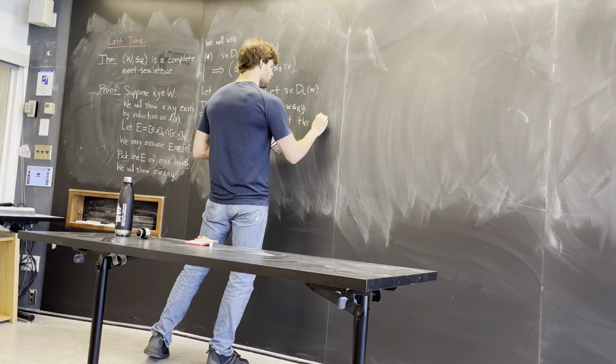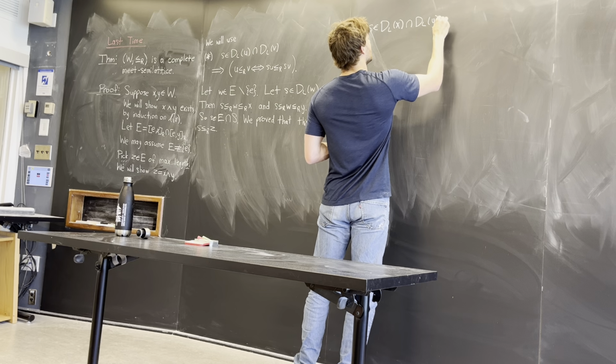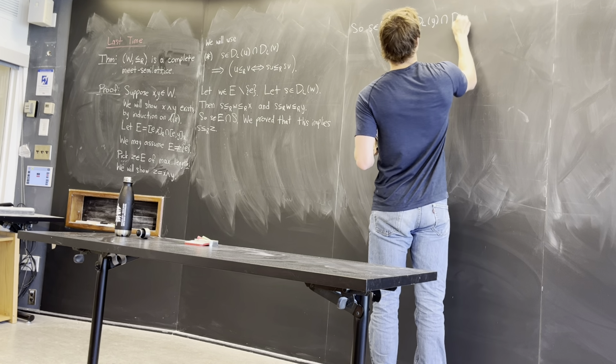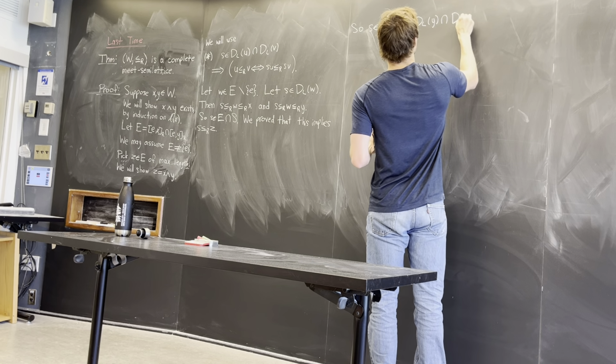So s is a left descent of x because of this. It's also a left descent of y, similarly. It's also a left descent of w because that's how we chose it. And it's also a left descent of z because of this.